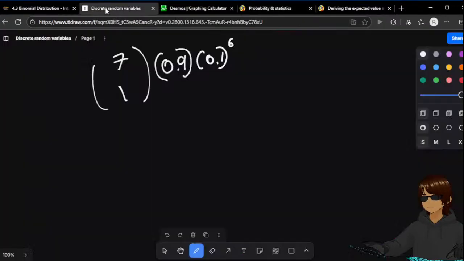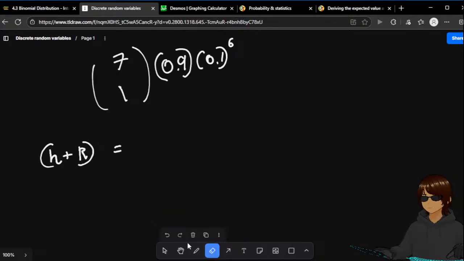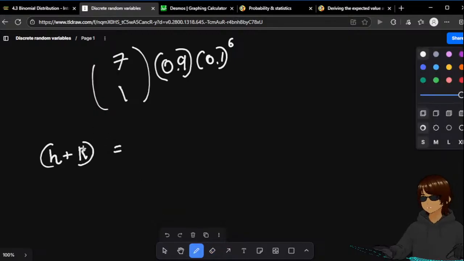The binomial theorem is basically (h plus k) to the power of n. Actually, let's use another letter. The power of z would be the sum of z choose i, from 0 all the way till z, how many times we choose h.